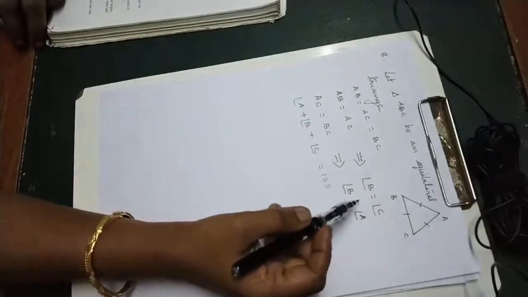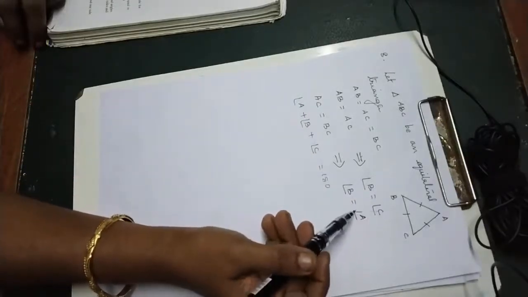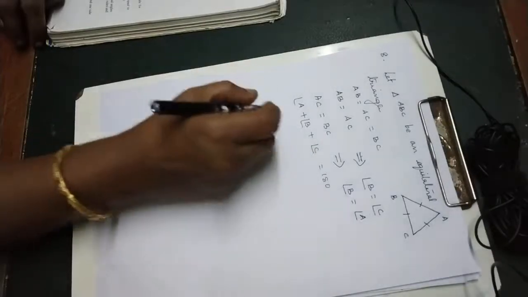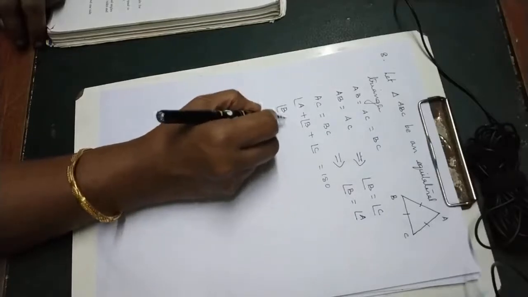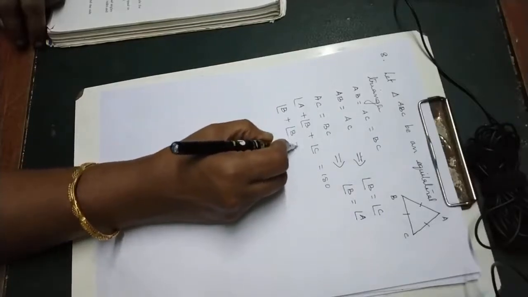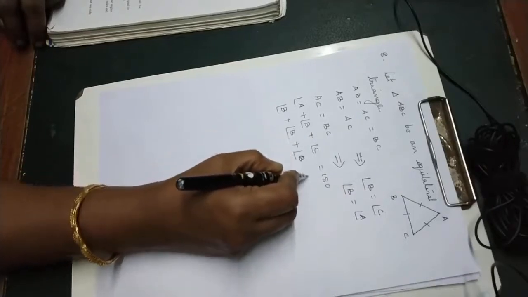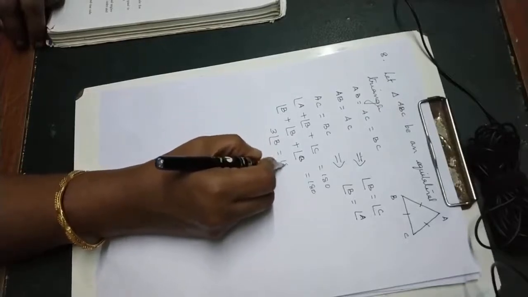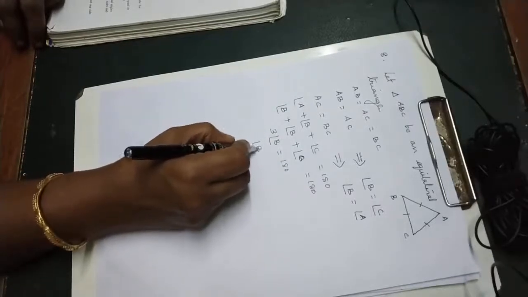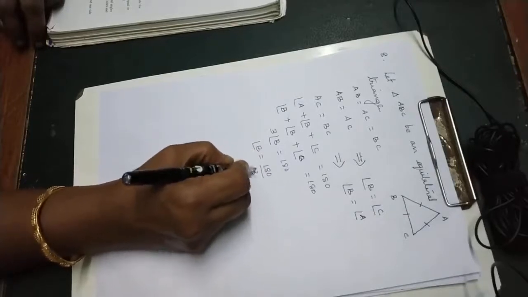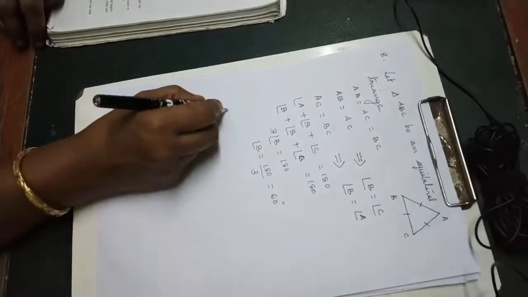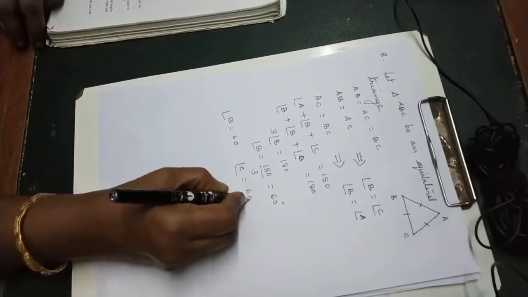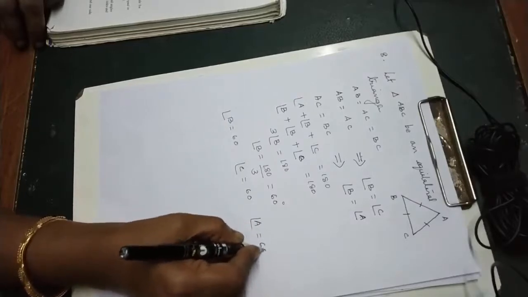So you can replace A by B, C by B. So here it will be angle B plus B plus B equal to 180, or 3 times angle B will be equal to 180, or angle B is equal to 180 divided by 3, that is equal to 60. If angle B equal to 60, C is also 60 and A is also 60 degree.